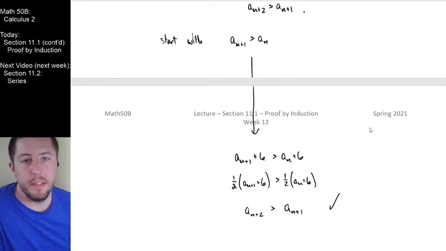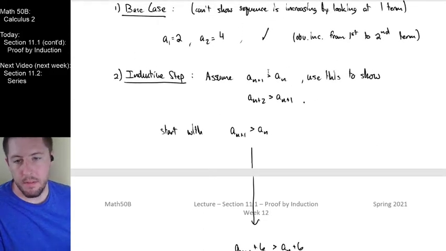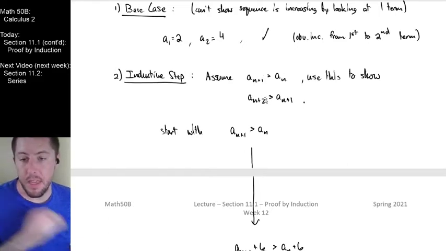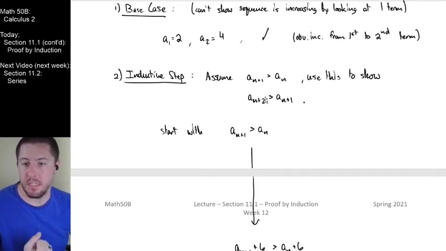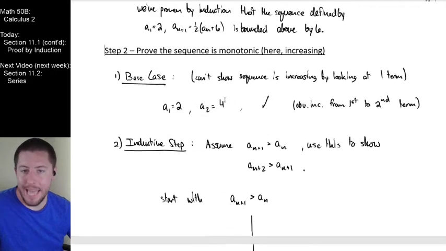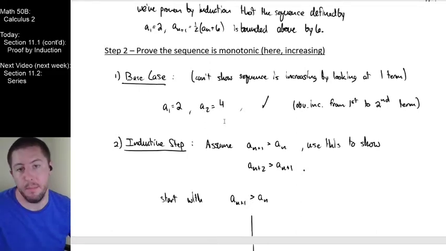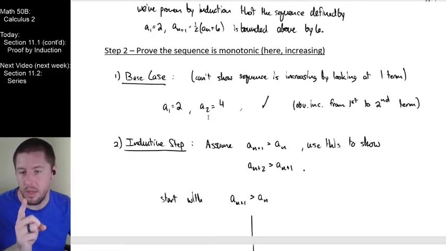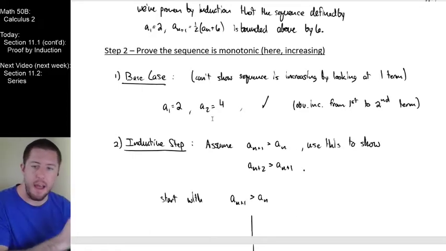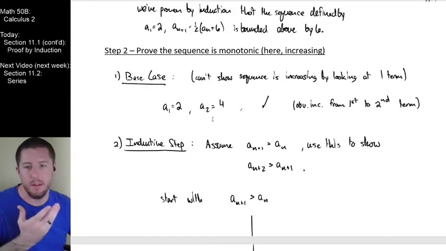So we did it. We nailed it. We assumed the first relationship. We used that assumption to prove that the one-step-up relationship must therefore also hold. So again, we know that a sub n plus 1 is greater than a sub n was true for at least one case. We showed it for the base case. Now we see that the base case implies that a3 is bigger than a2, that a4 is bigger than a3, that a5 is bigger than a4, on forever out there.